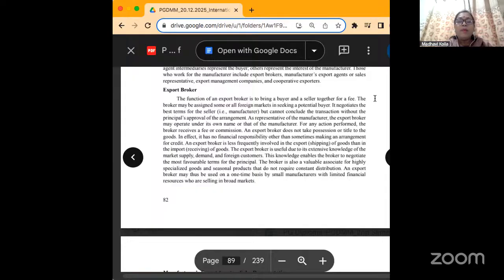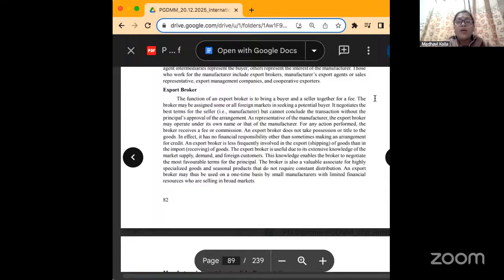So the broker may be assigned one or all foreign markets in seeking a potential buyer. And it negotiates, we said, right, that they represent the manufacturer, not the manufacturer's product. So they can negotiate on behalf of the manufacturer for selling the product at the best terms for the seller, that is the manufacturer.